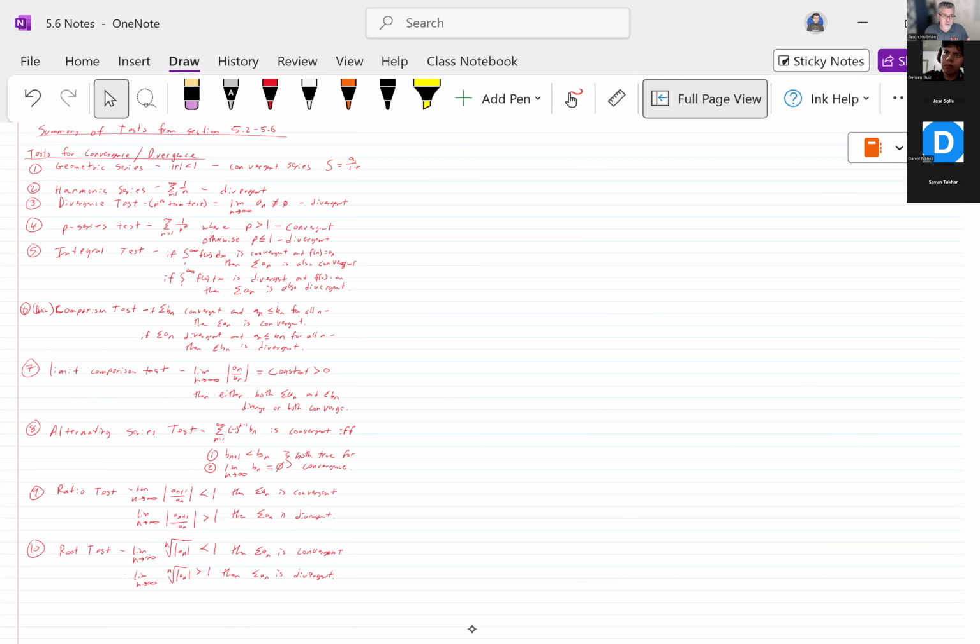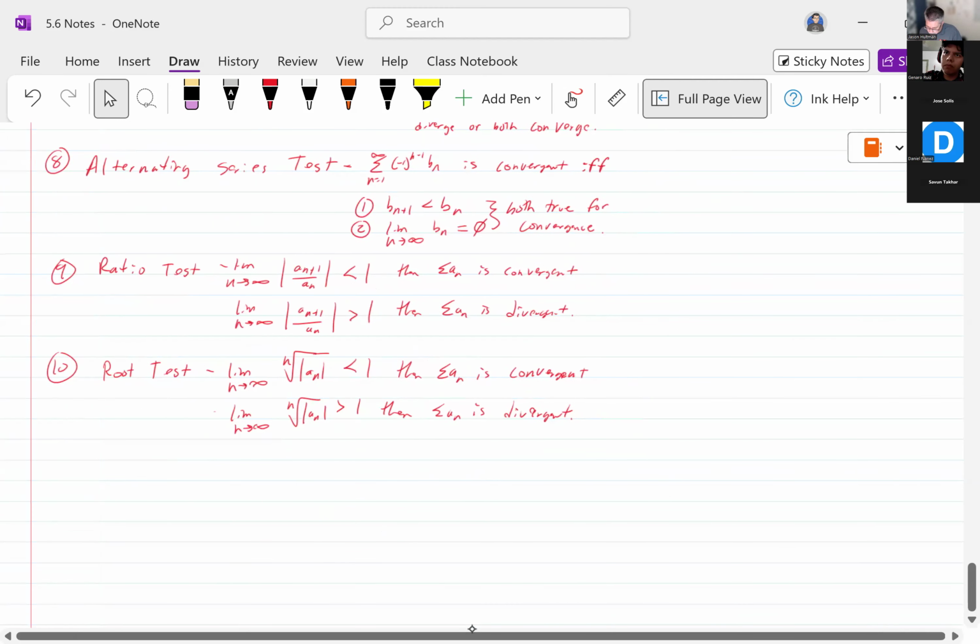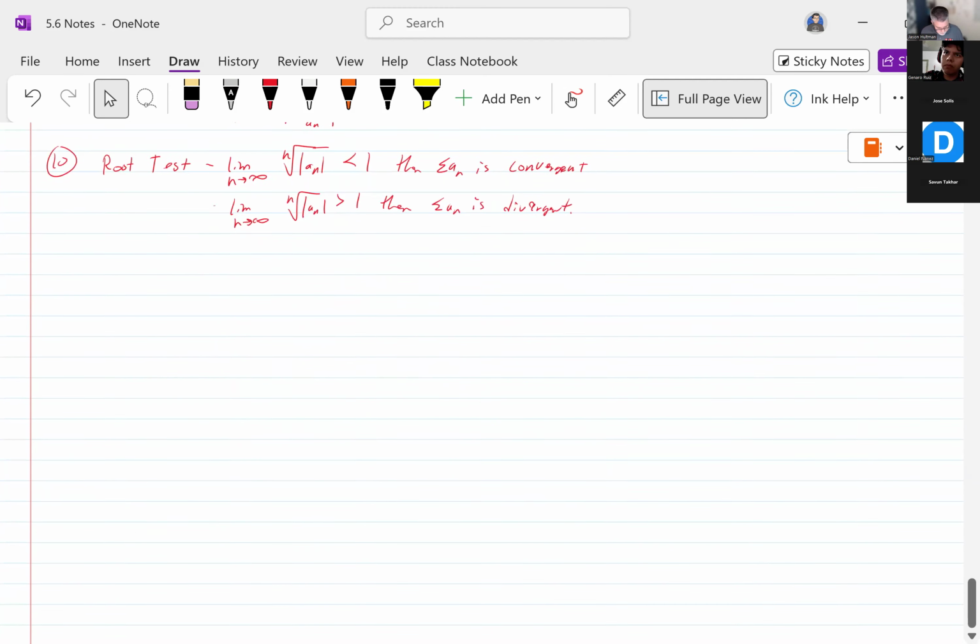There may be one that's easier than the others, but it's entirely your choice. On some of them, I'll just say, use the alternating series test to test this. But some of them I'll leave up to your choice.